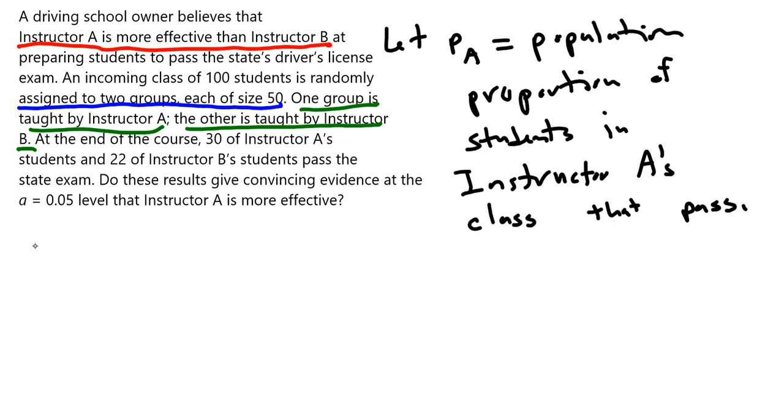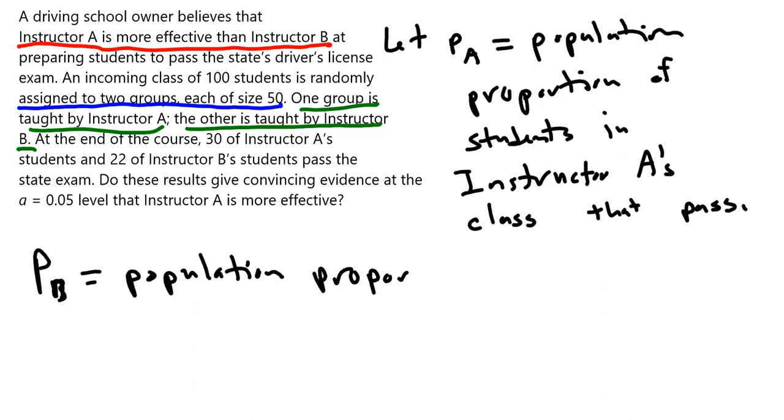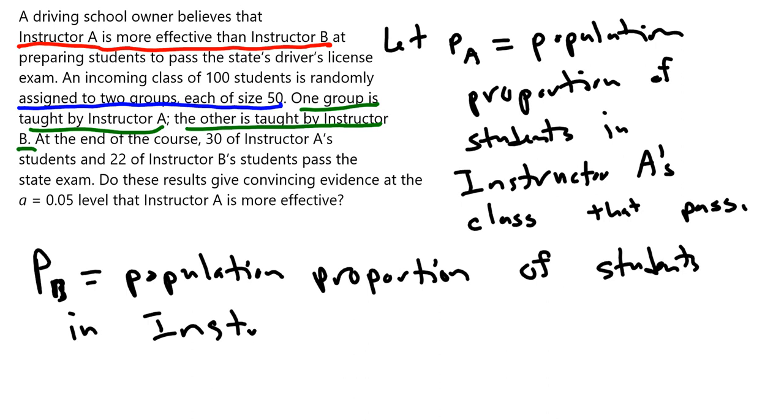And we're going to compare that to p sub B, which is going to be the population proportion of students in instructor B's class that pass.